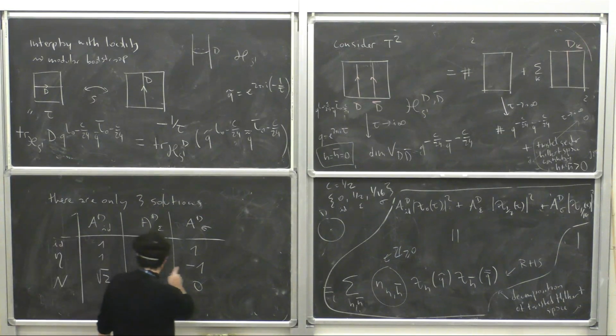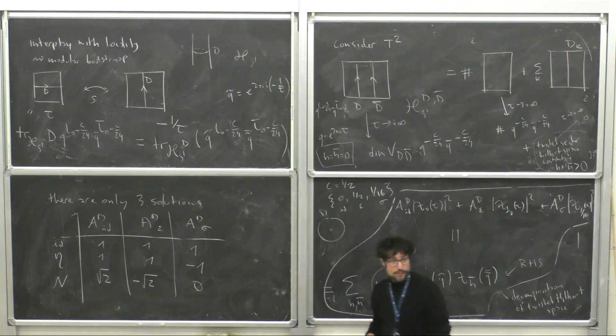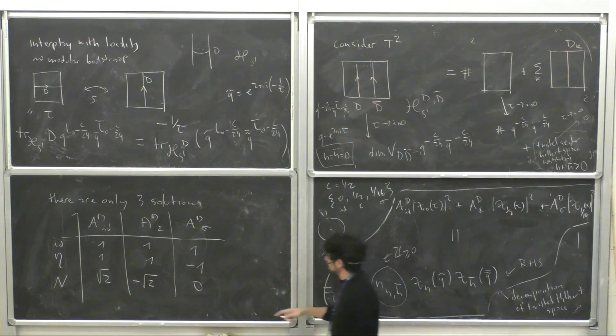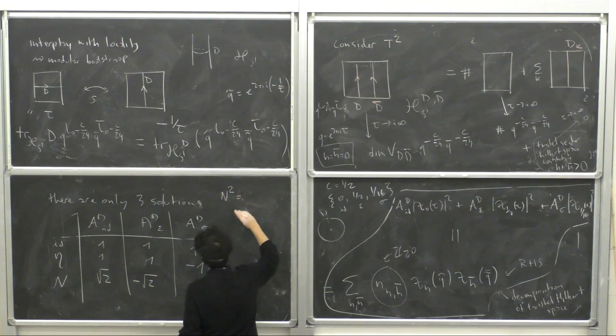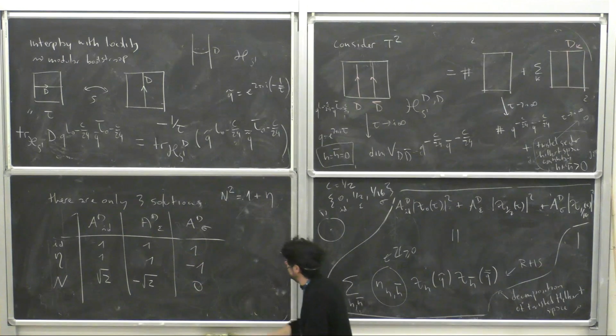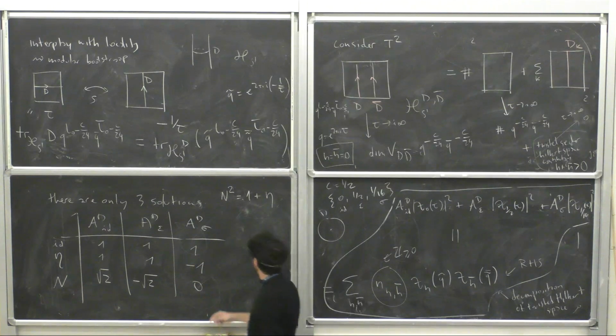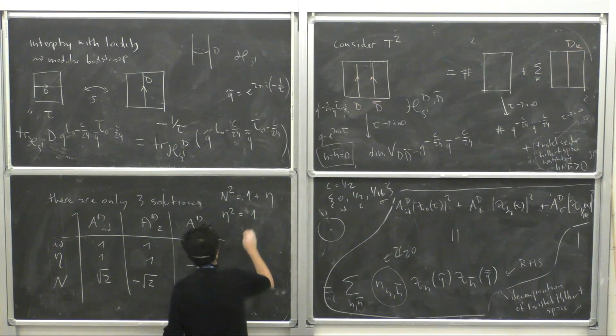From this structure of eigenvalues, we can also read off the fusion algebra. We can see that if you take N squared, or N tensor N, you get 1 plus eta. Just look at the eigenvalues. If you take eta squared, you get 1.